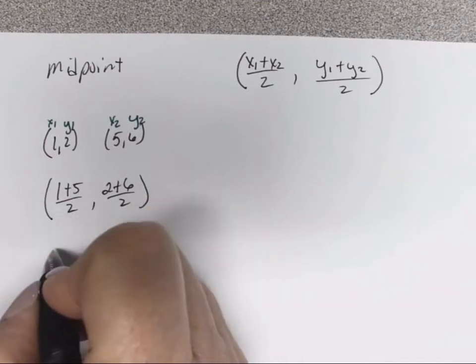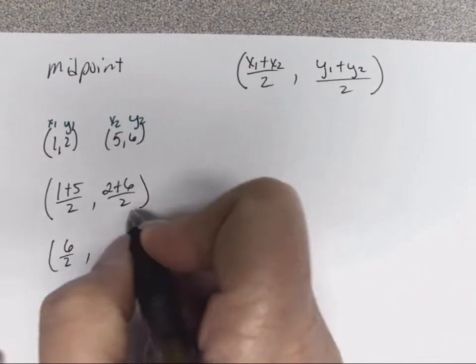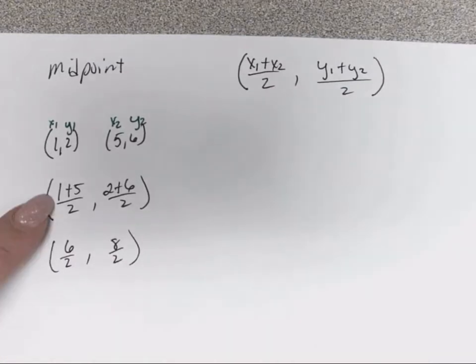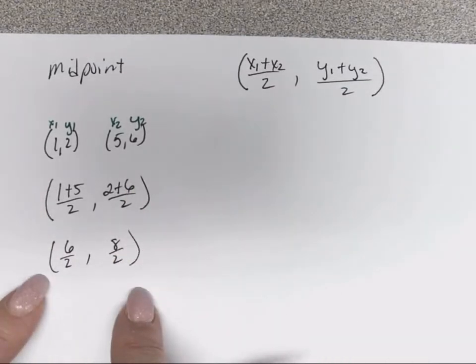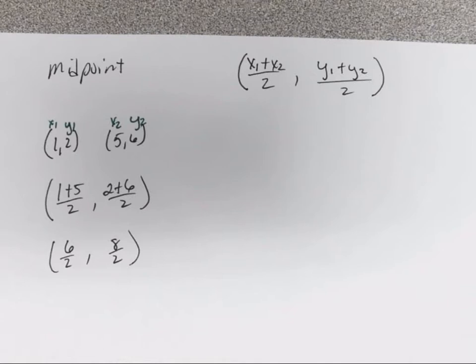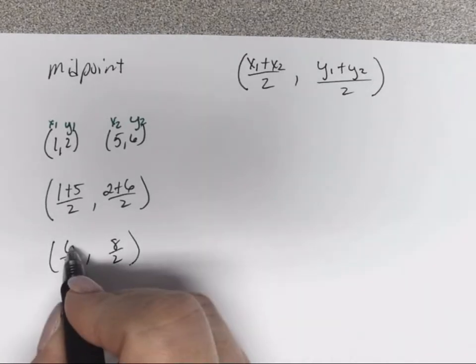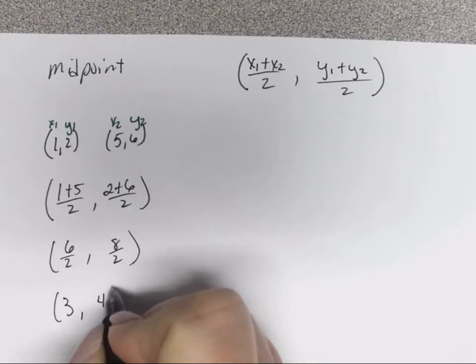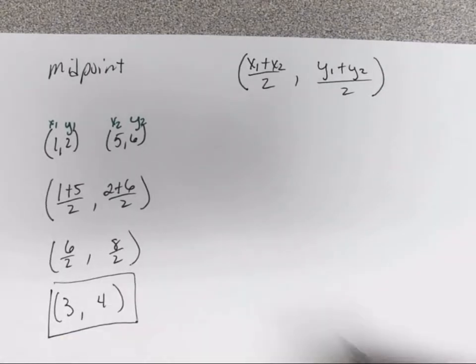Well, 1 plus 5 will get us 6 divided by 2, and 2 plus 6 will get us 8 divided by 2. Notice I'm bringing the parentheses down the whole way. This is an ordered pair, so you need to have those parentheses. 6 divided by 2 would be 3, and 8 divided by 2 would be 4. So that would be your final answer. And you do want to reduce if you can.